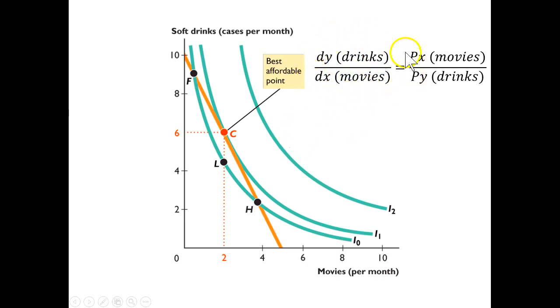So this is telling us about the slope of the indifference curve at any point, and in particular we're interested in point C. What is the slope at that point?